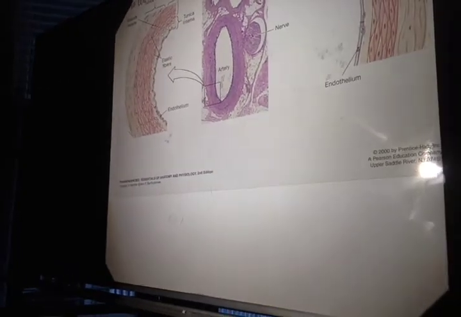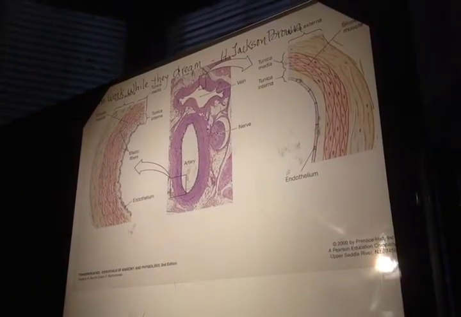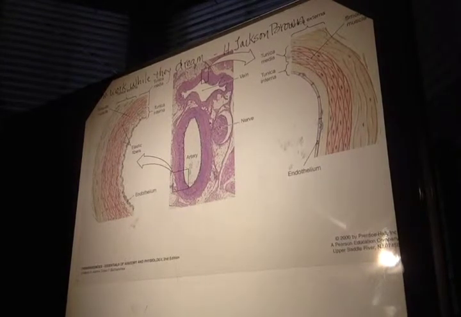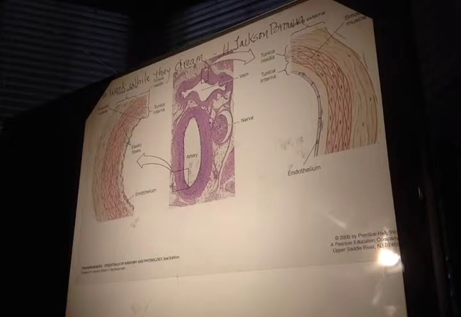So if you look at the walls here, you can tell that the artery walls are thicker. The artery walls are thicker, and that makes sense because they're the ones that have to take care of the pressure.